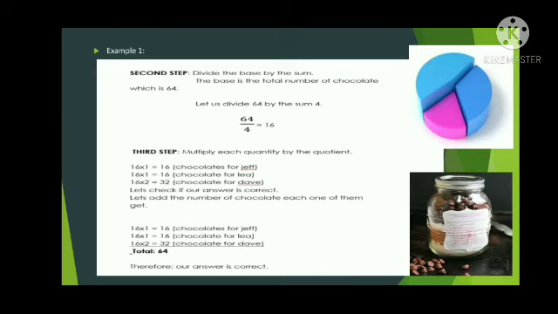That is also equivalent to the given total number of chocolates in our jar. So therefore, our answer is correct. So ganyan lang po yung pag-solve ng partitive proportion, no? We have to follow the steps involved: the first step, the second step, and the third step.